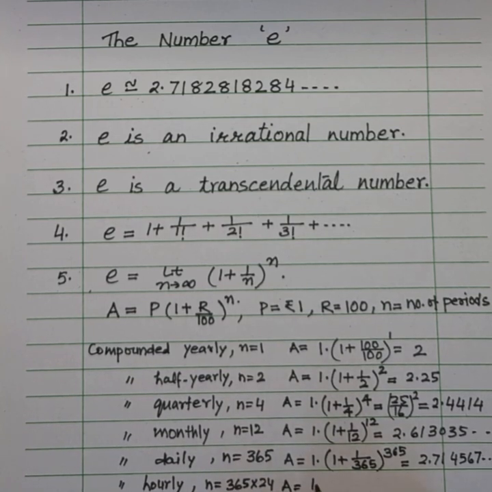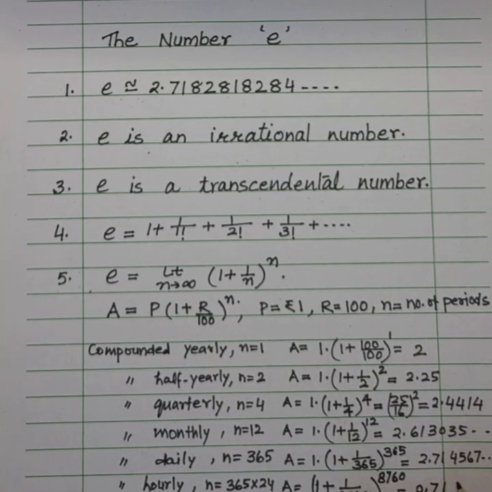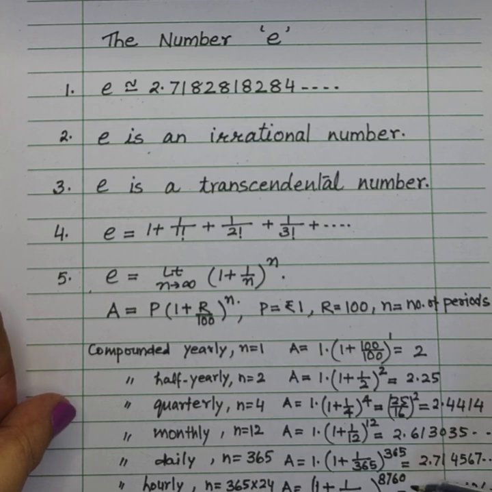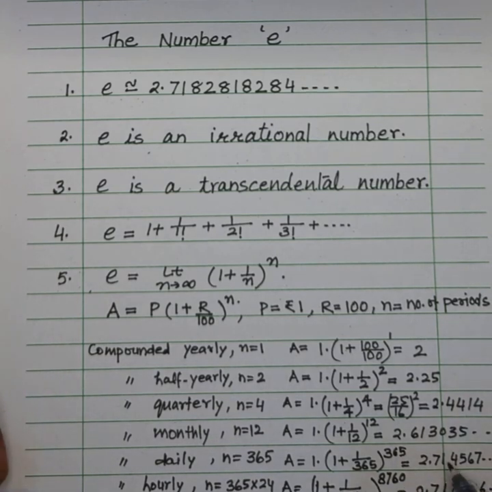So A is equal to (1 plus 1 upon 8760) whole raised to the power 8760, and it comes out 2.718126 and so on. I have gone up to 8760 only, not even 10,000, but you can see the first three digits are the same now.